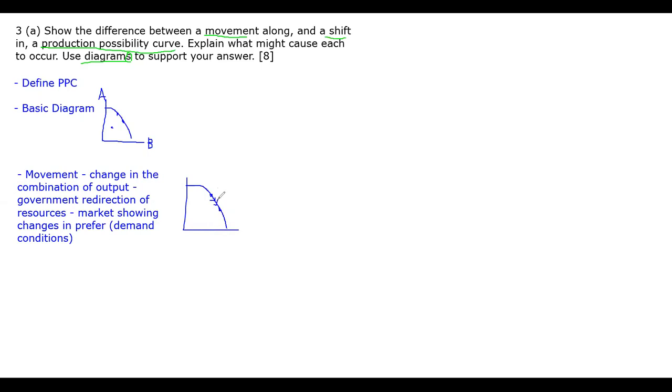Here you had, let's say, y amount of good y, and now you have y1 amount of good y, and initially you had x amount of good x, so now you have x1 amount.